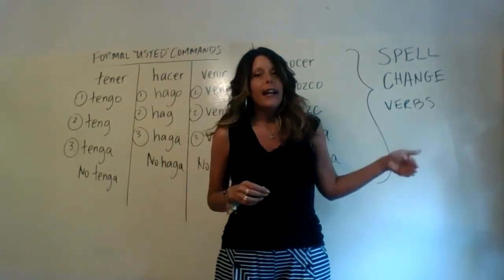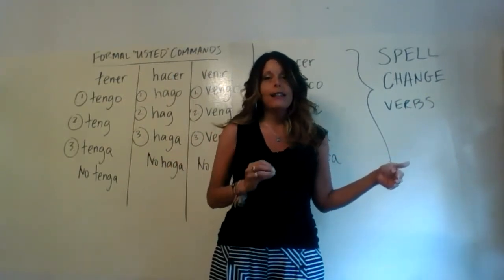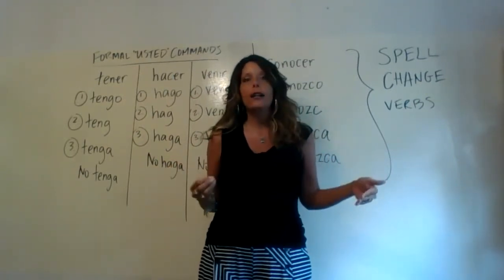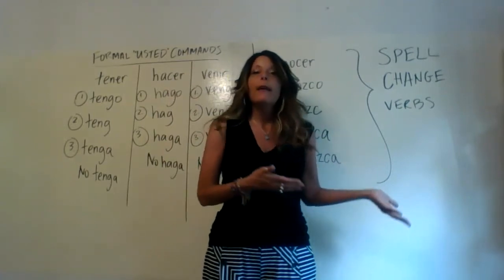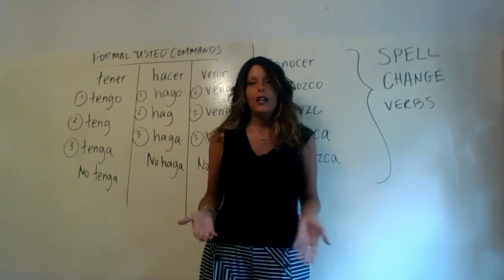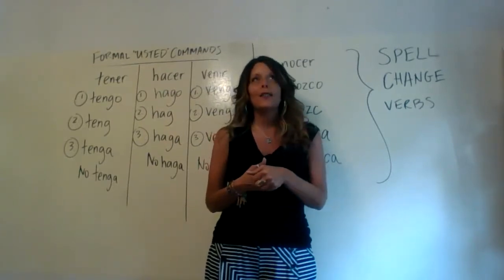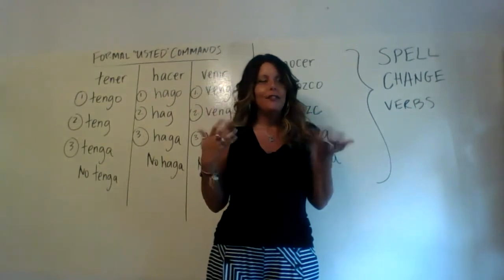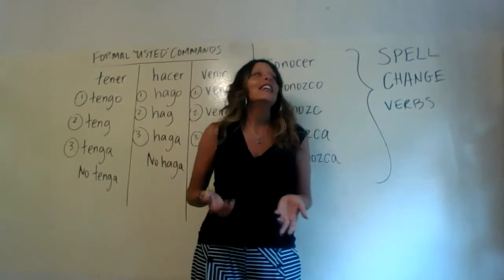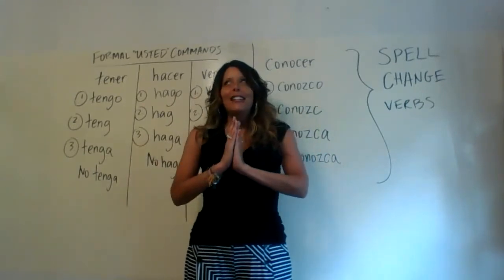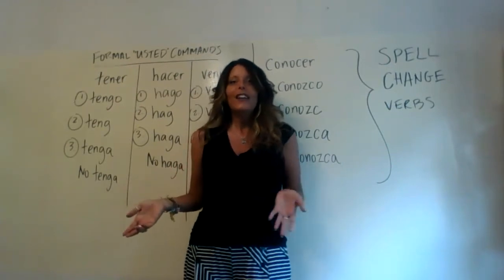The bad news with the last kind, stem change verbs, is that you just had to memorize what verbs are stem change and what kind of stem change verbs they are. But with spell change verbs, there is a little trick or cheat sheet kind of thing to do. This is where I say it could be good news for you, or you may say, well, that didn't help me at all.